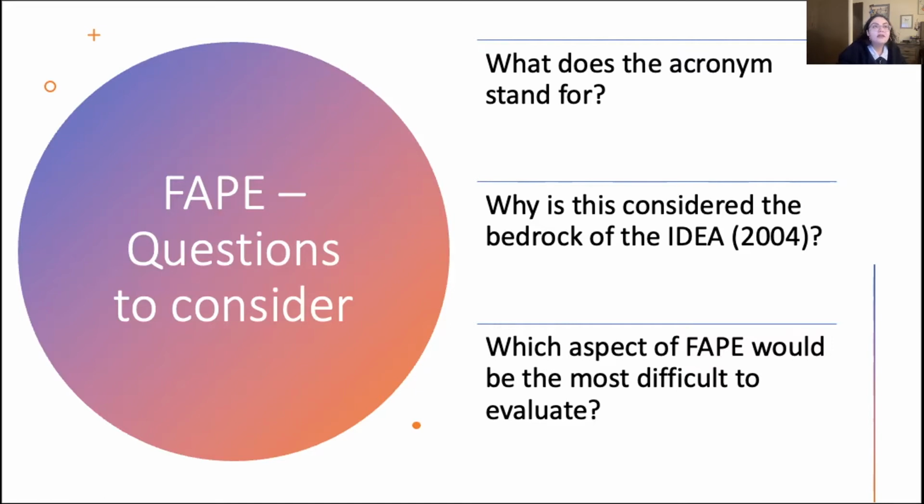A lot of it is because we can say, well, the children are entitled to that free, appropriate public education. And when we break those words down, we can ask the question of what aspects of FAPE would be the most difficult to evaluate. So free and public, nobody really argues about what that means. Free school, public school, we understand that. But appropriate, that is the word.